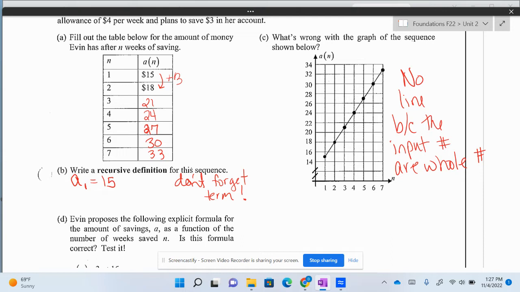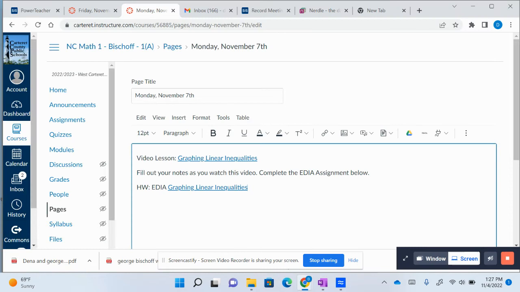A to the 1 is 15, okay? What are we doing each time? Okay, so I think we have all the information we need. So any term, like the nth term, equals the term right before that, which is a to the n minus 1 plus 3. This is the recursive definition.